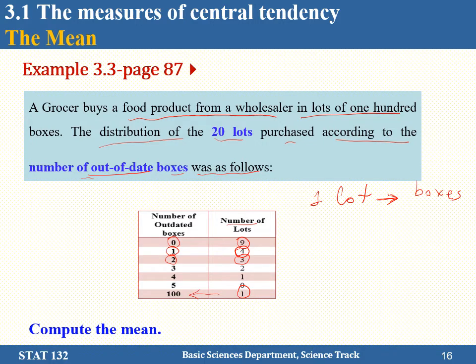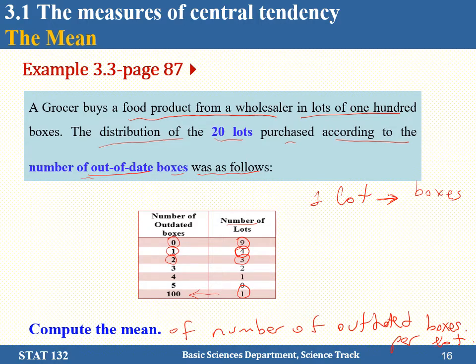So we want to calculate the mean of the number of outdated boxes per lot.